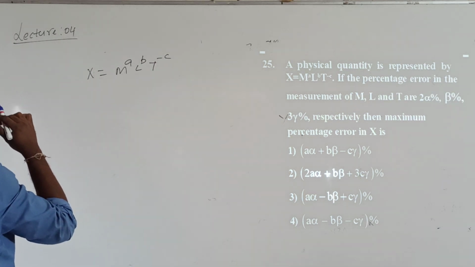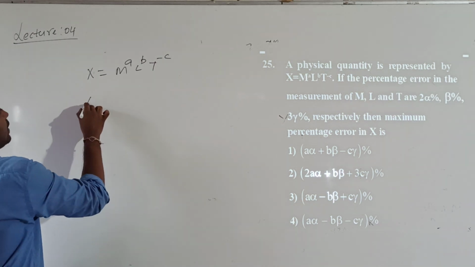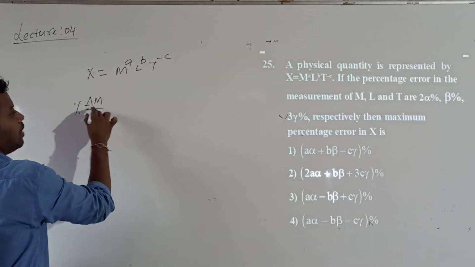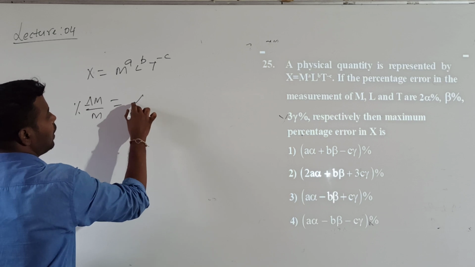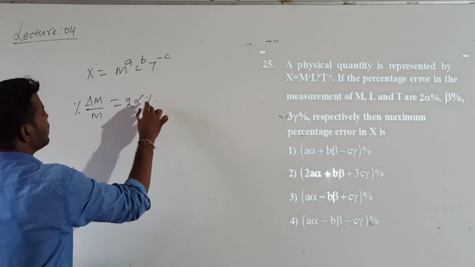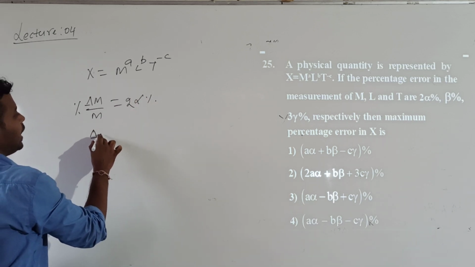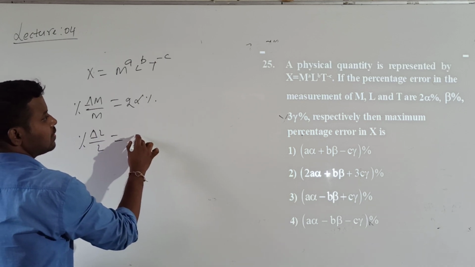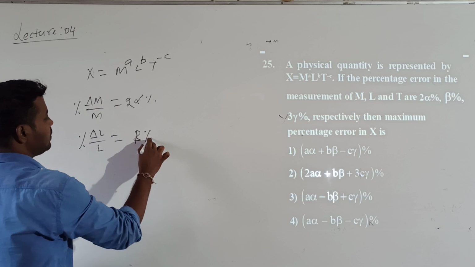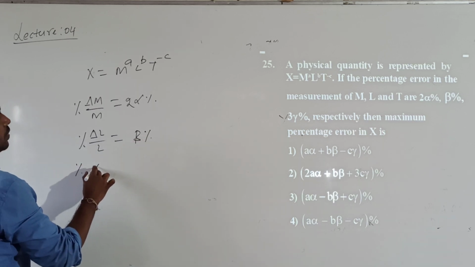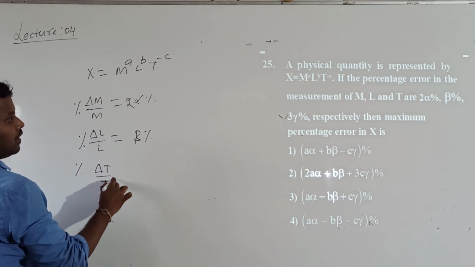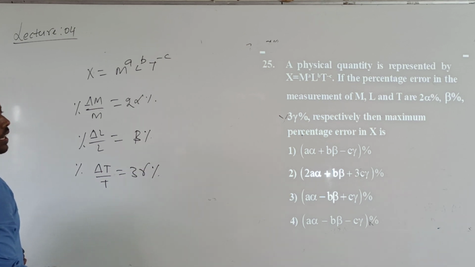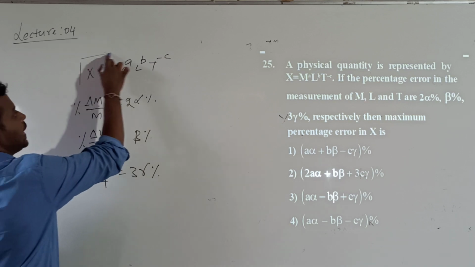The percentage error in the measurement of m, that is delta m by m, is 2 alpha percentage, delta L by L is beta percentage, and delta T by T is 3 gamma percentage. What they are asking is the maximum percentage error in x.